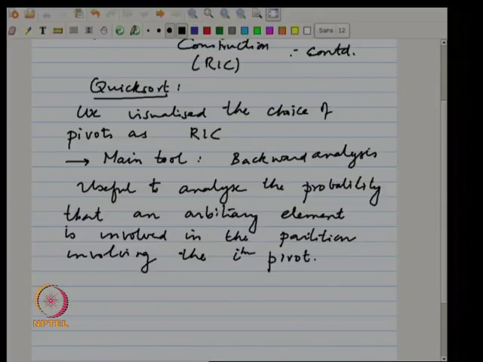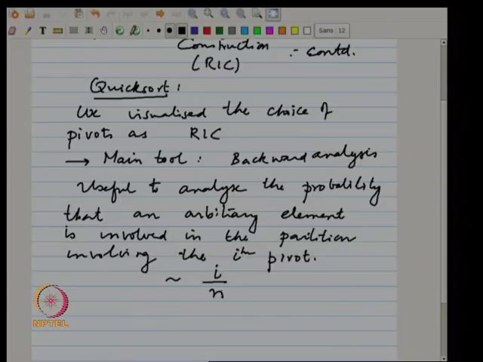This is the probability that we could capture using this analysis, and it turned out to be a very nice simple number, about i over n. For an arbitrary element, what is the probability that when we are dealing with the ith pivot, that element actually gets partitioned by that pivot?